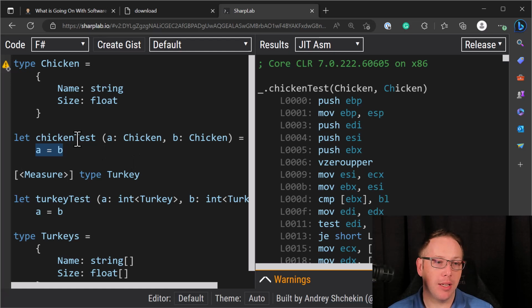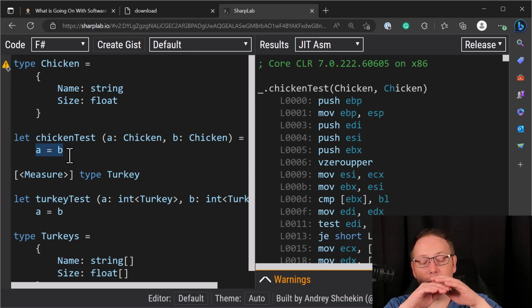I would love it if JetBrains Rider or VS Code or Visual Studio could provide some feedback on top of here saying like, hey, when I assemble this, this is how many x86 instructions are going to be required to do this. And this is how many loads from memory, because that's going to be very quick feedback to me saying like, hey, you think this is a very small piece of code, but in reality, it is mapping down to something far more complex for the CPU.